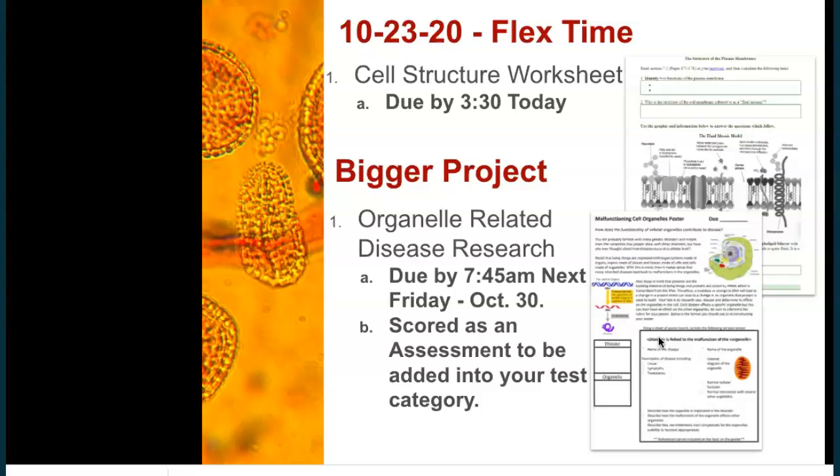So you'll pick a disorder that comes from one of the organelles, and you have lots of choices on the list. And then you'll have a research project and present a poster, a physical poster or a digital poster. If you wanted to do a PowerPoint, that's fine.